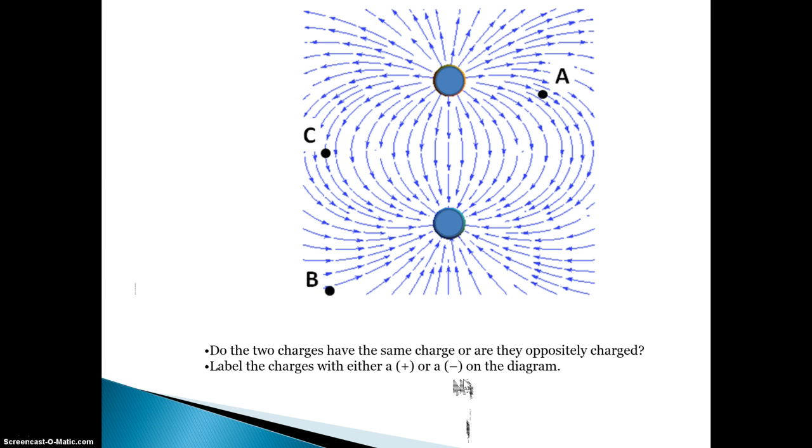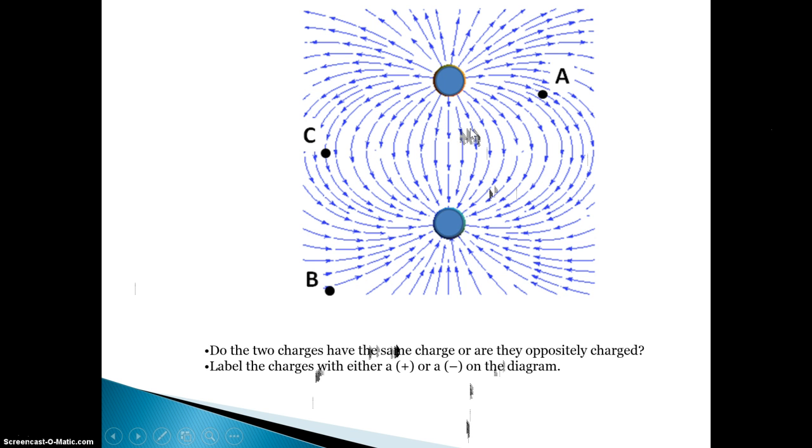All right, so yesterday you guys learned about electric field diagrams. The question asked, do the two charges have the same charge or are they opposite charged? And to label them positive or negative on the diagram.